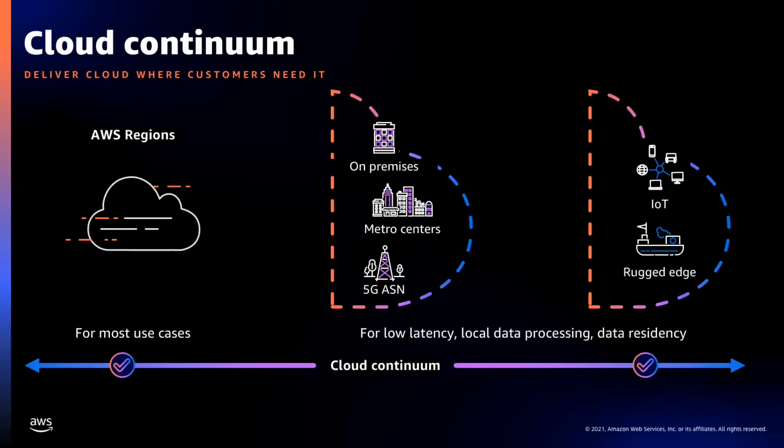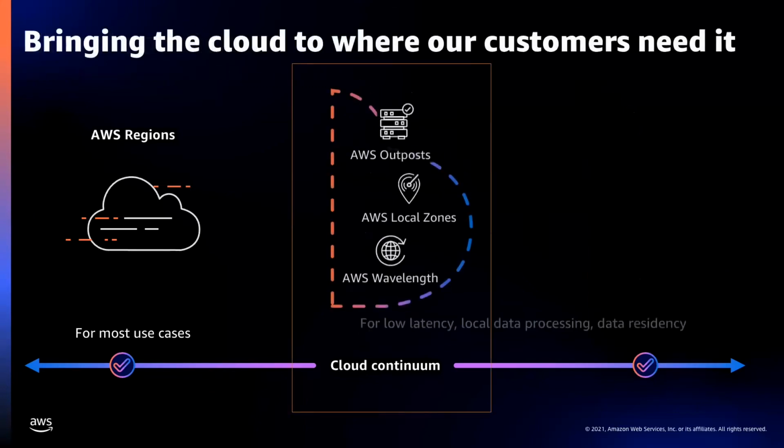Also think about some of these newer capabilities that we are giving you, specifically Wavelength and local zones. And also, if you are using some kind of IoT devices, we also have something called Greengrass, which you can use if your products use IoT. Again, trying to get closer using one of these or using Wavelength might be the right approach for you.